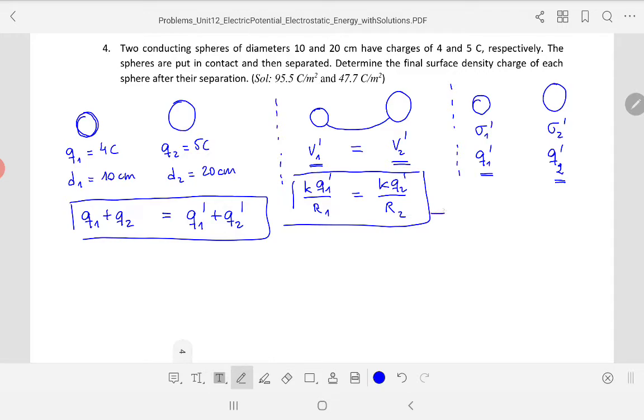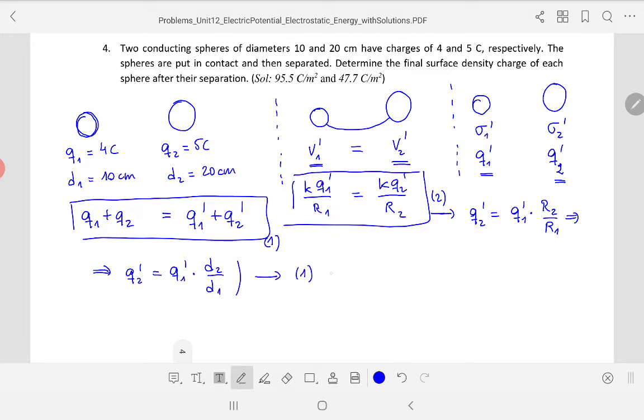For instance, we can take expression 2, this is expression 1, and we derive that Q2 prime is equal to Q1 prime times radius 2 divided by radius 1. That is, Q2 prime is Q1 prime times the second diameter divided by the first diameter.